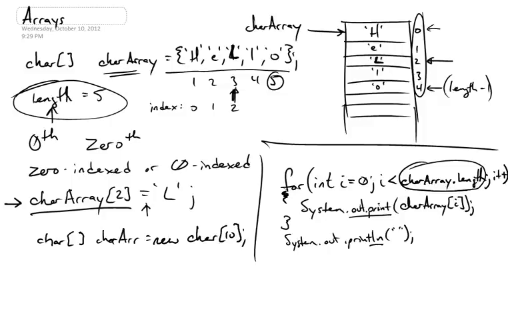Alright, see how that works? Basically, you're saying, hey, I created a new character array. I declared it, and I'm setting it equal to a new character array of size 10. Just pass in the size to your square braces, and you're good to go.